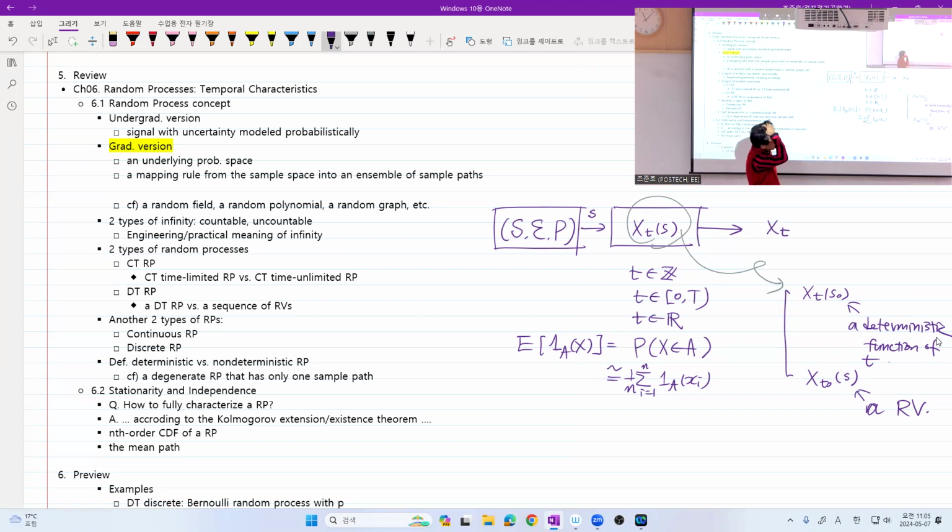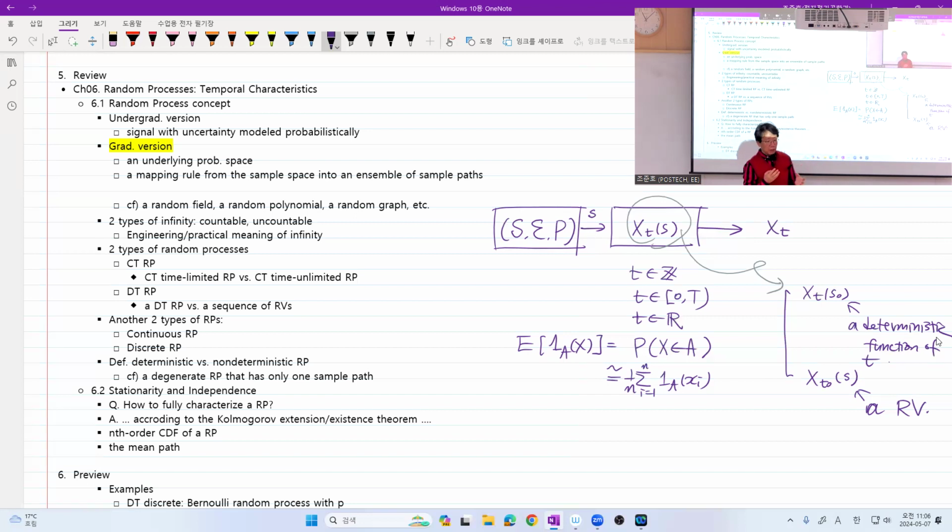So a random process means that you have an uncountably infinite number of jointly distributed random variables. And you know how complicated it is to fully characterize a random vector.